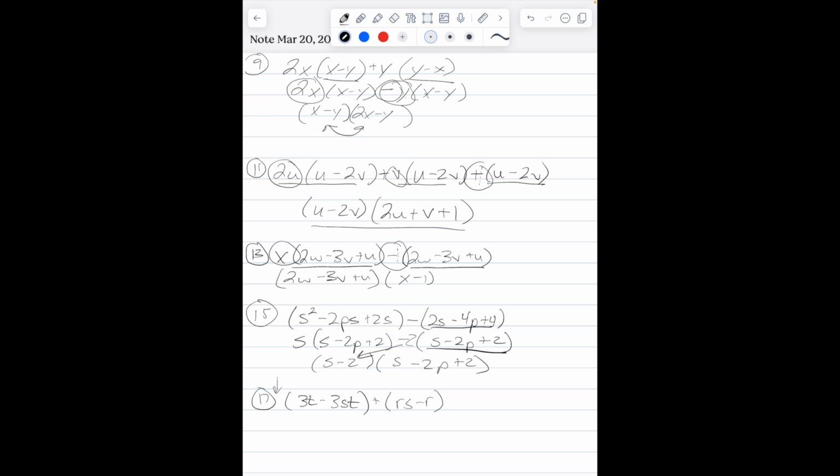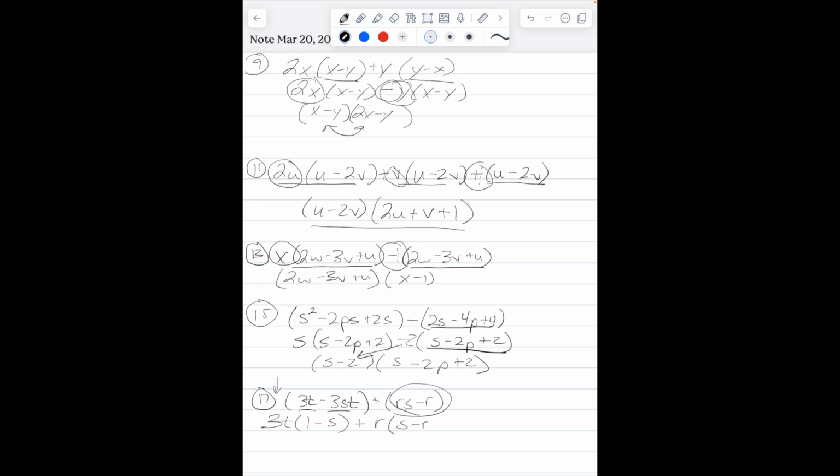So we're going to look at the 3t minus 3st, and we can see that we can divide both of these terms, pardon me, by 3t. So we're going to write 3t here because we factored it. That leaves us with 1 minus s. Now let's do something with this one, rs minus r. We see that r is a factor of both of those.